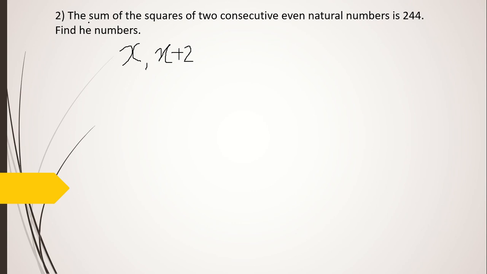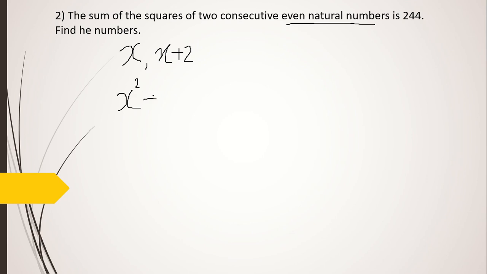Now this is supposed to be the sum of the squares of two consecutive even natural numbers. Now the even natural number part we did. What else have they said? Sum of the squares. Now we have to take squares of these two and then the sum of it.